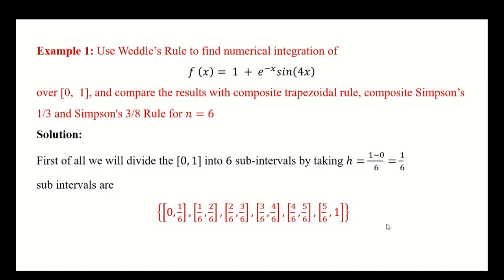So after derivation, now we will apply Weddle's rule to find the numerical integration of the function f of x is equal to 1 plus e raised to power minus x sine 4x over 0 to 1, and then we will compare our result with the previous numerical schemes like trapezoidal rule, composite Simpson 1 by 3 rule, or Simpson 3 by 8 rule for n is equal to 6.